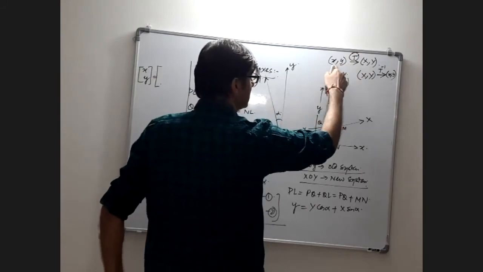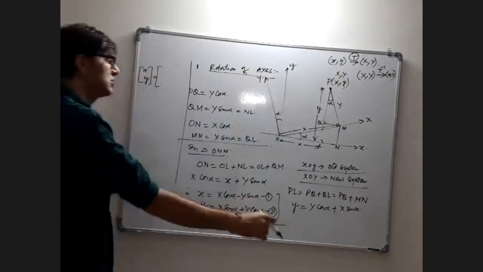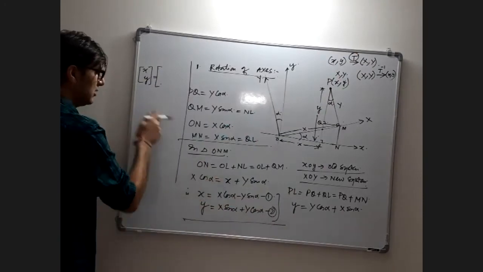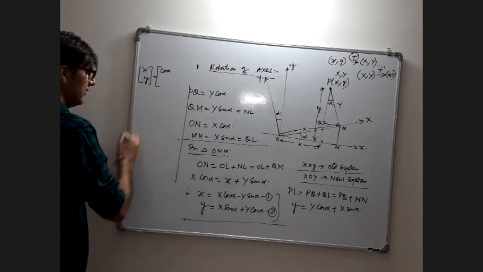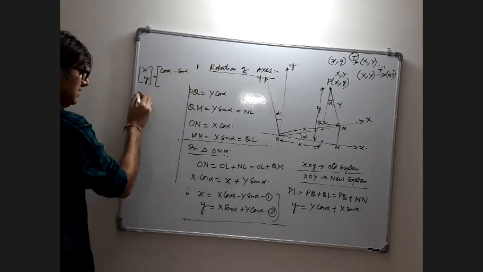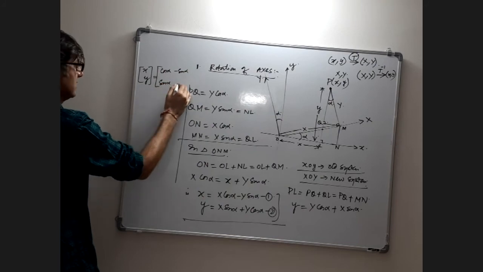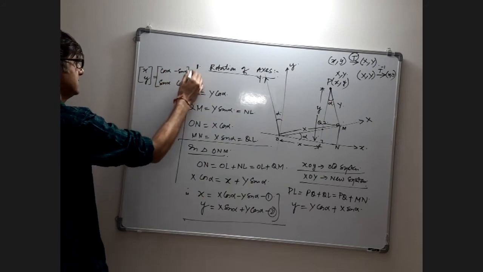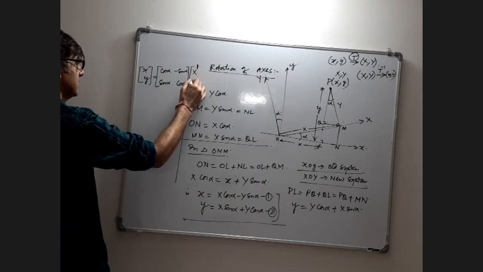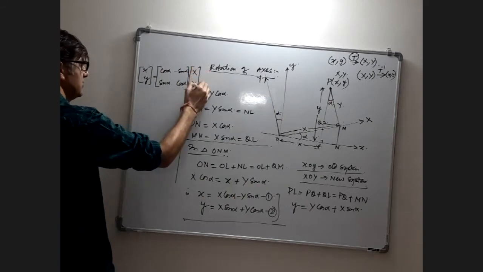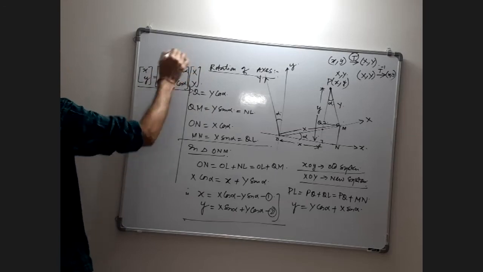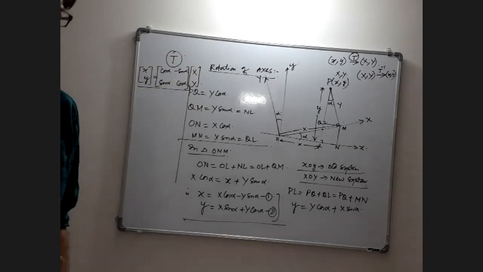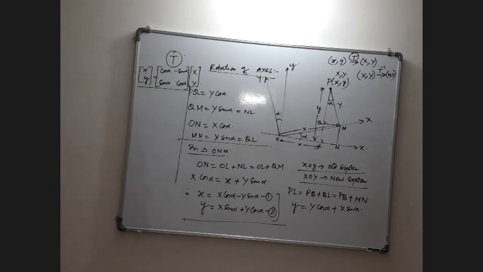The transformation is happening between xy and capital XY. So the transformation matrix is cos alpha, minus sin alpha, sin alpha, cos alpha, multiplying small x and small y to give capital X and capital Y. Is that clear to you? This is the matrix which gives us the transformation between the two coordinate systems.